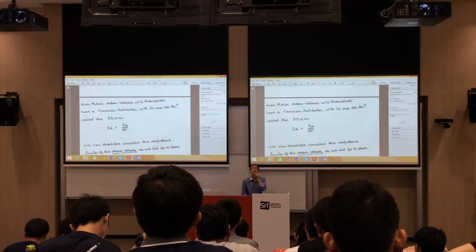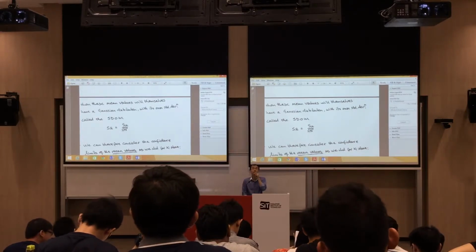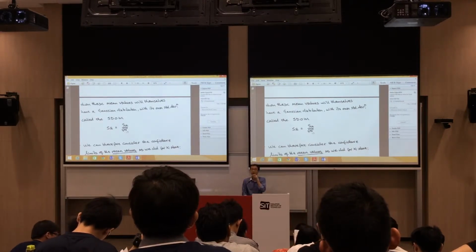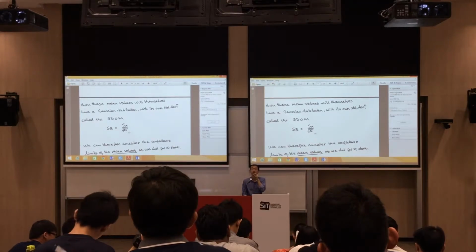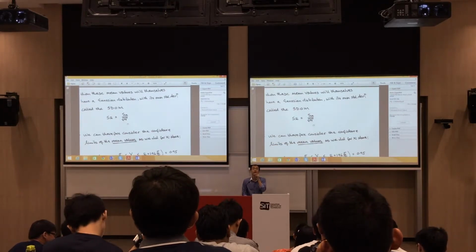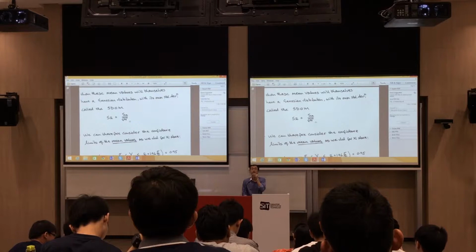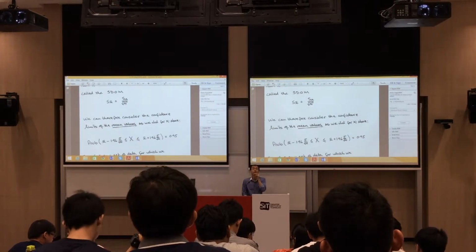This basically is the standard deviation divided by the square root of n, and this is called the standard deviation of the mean. Okay, n is the number of sample data you have.